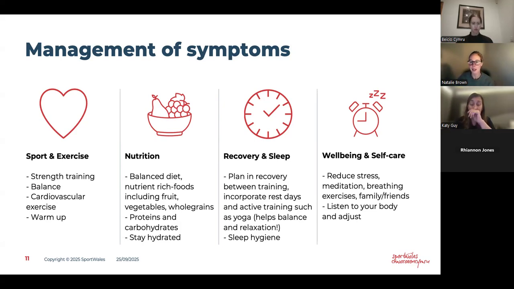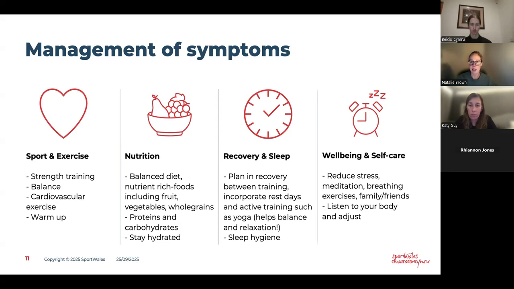So things like doing resistance training, adding in plyometrics, so you've got things like jumping, contacts on the ground, that can really help support bone health. But also, from a change in body, it is common to have increased loss of muscle mass during perimenopause.